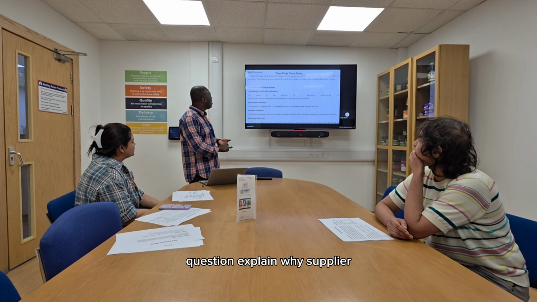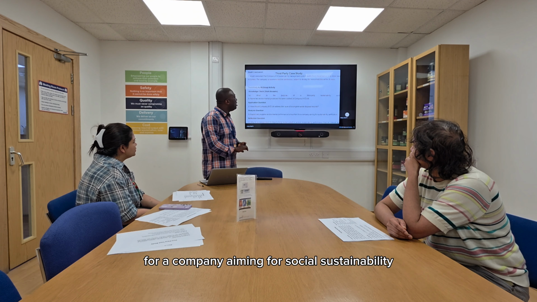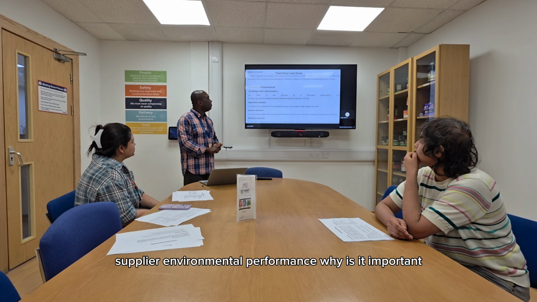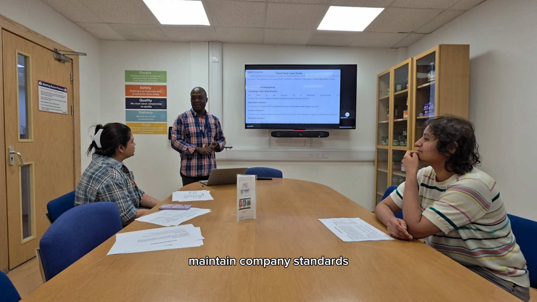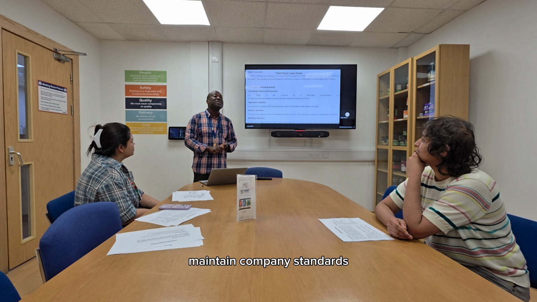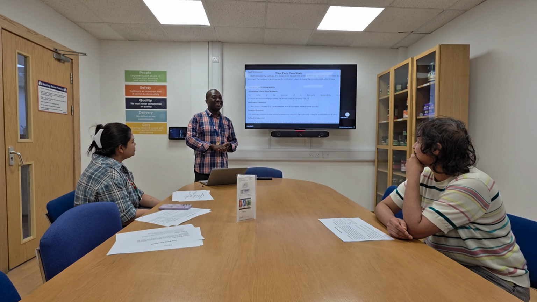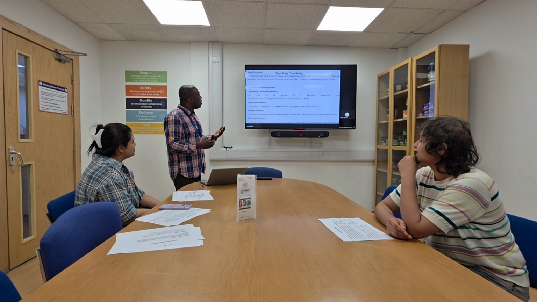Now look at the third one, which is an analysis question. Explain why supplier environmental performance is important for a company aiming for sustainability certification. Supplier environmental performance, why is it important? Maintains company standards. Okay, maintain company standards. Any contribution? Yeah.